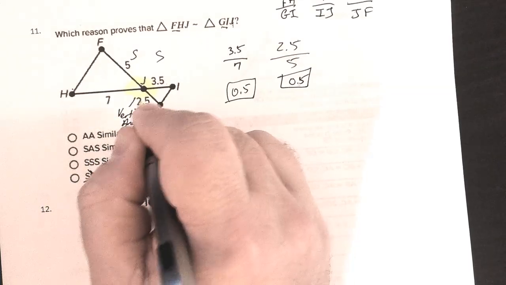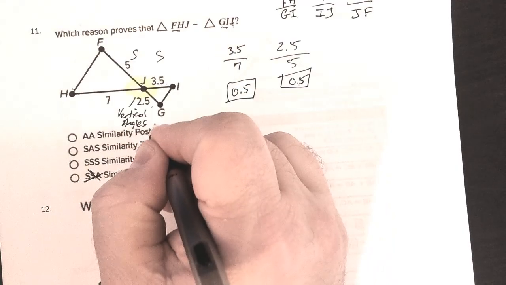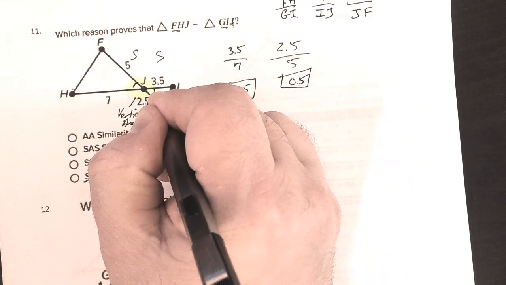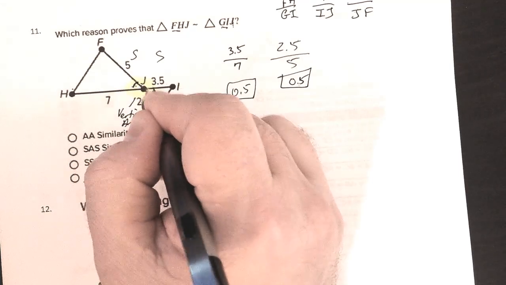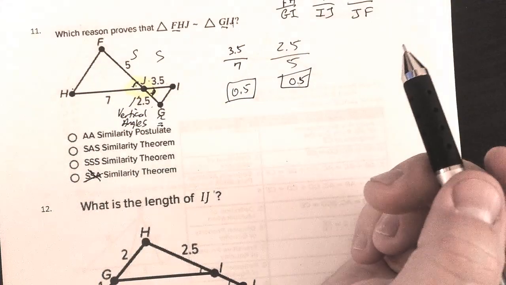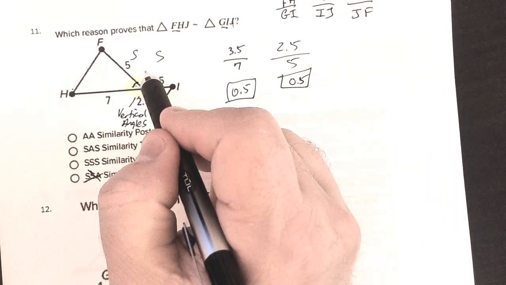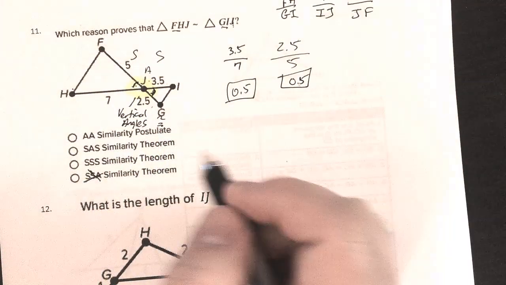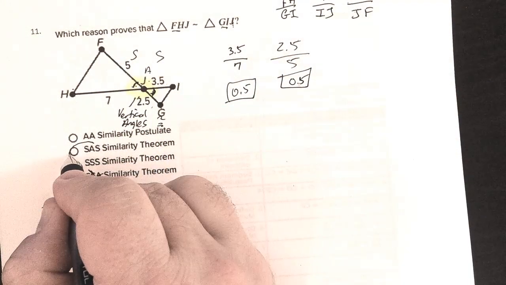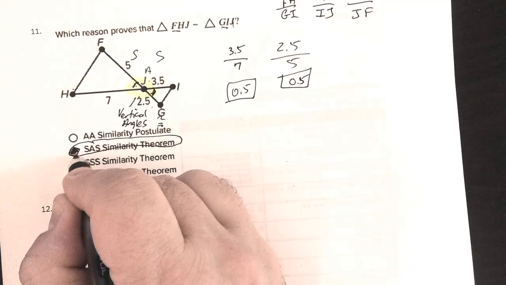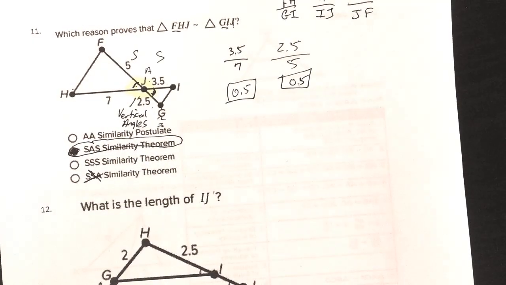They always like to hide that. So vertical angles are congruent. So that means this side and this side are congruent. It's left to right or up and down. But those are vertical angles. So now you have a side, an angle, and a side. Sorry, it's hard to watch the screen and write over there.